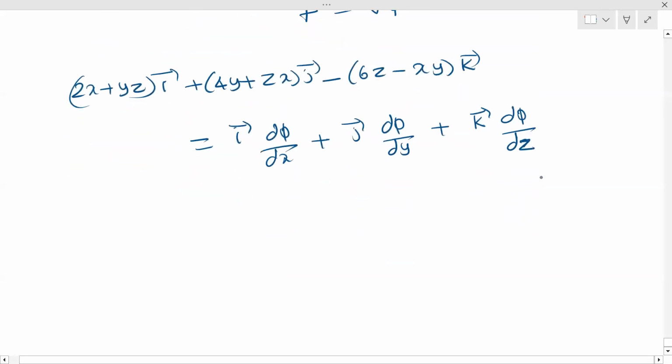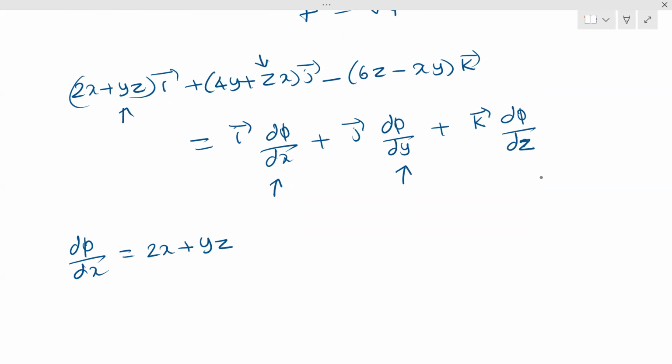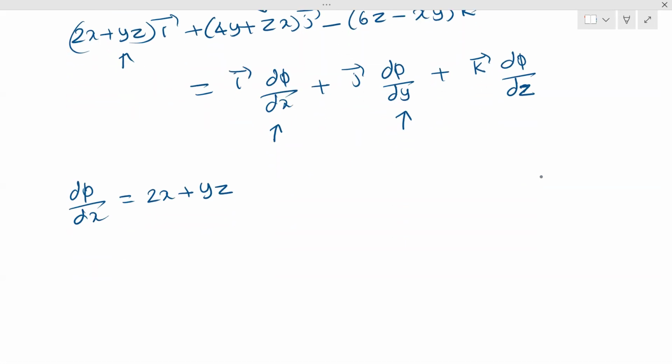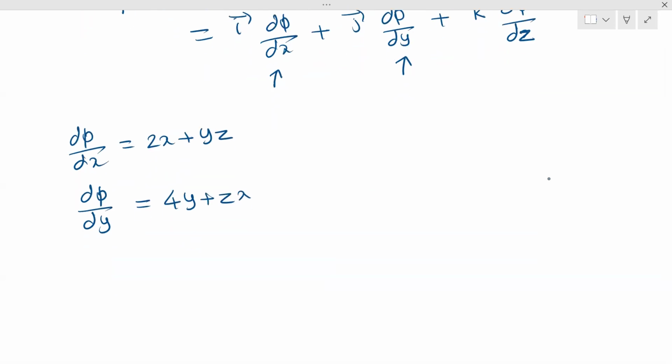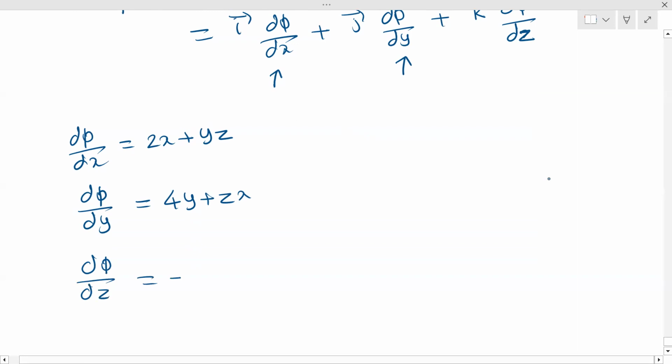Next step is we have to equate the like components. First equate i component. So we will get dou phi by dou x equal to 2x plus yz. Similarly, j component: dou phi by dou y is equal to 4y plus zx. Next k component, that is dou phi by dou z is equal to minus 6z plus xy.